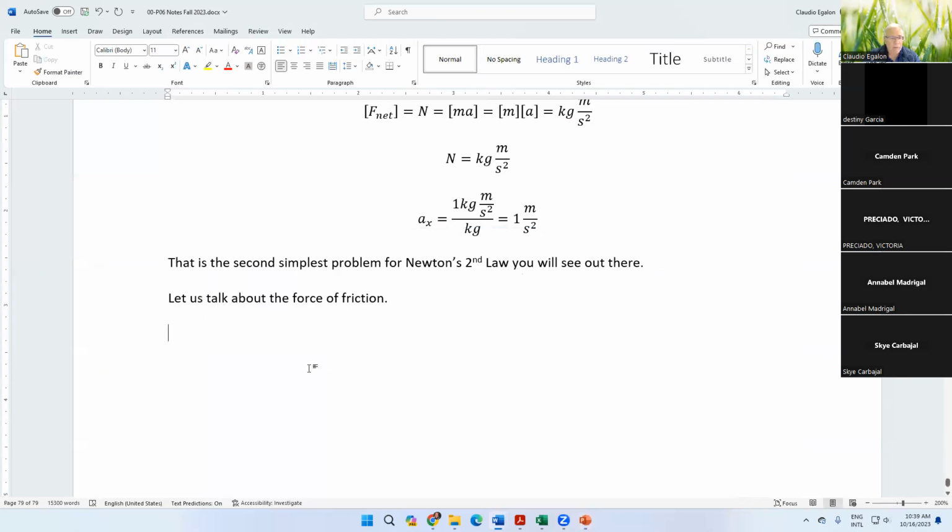Okay, so let's go back to the force of friction. You already know that there are two types of force of friction. Static and kinetic. Kinetic or dynamic, we also give it the name.